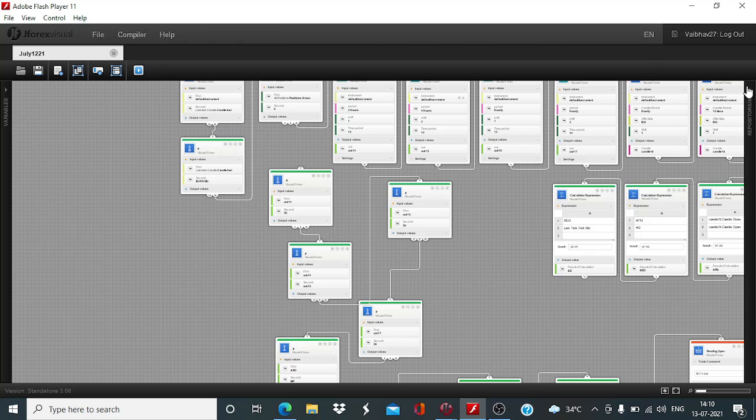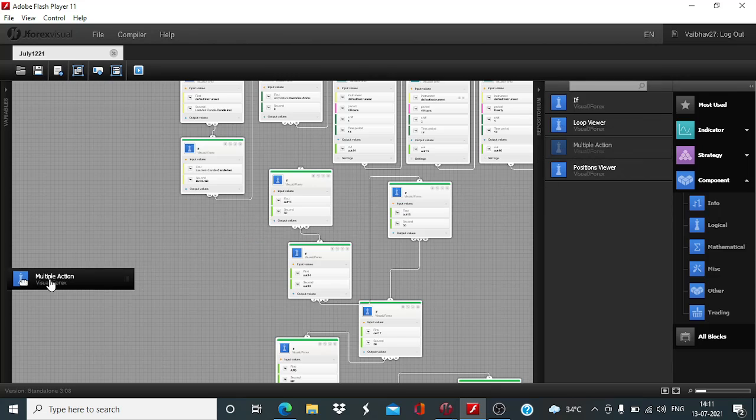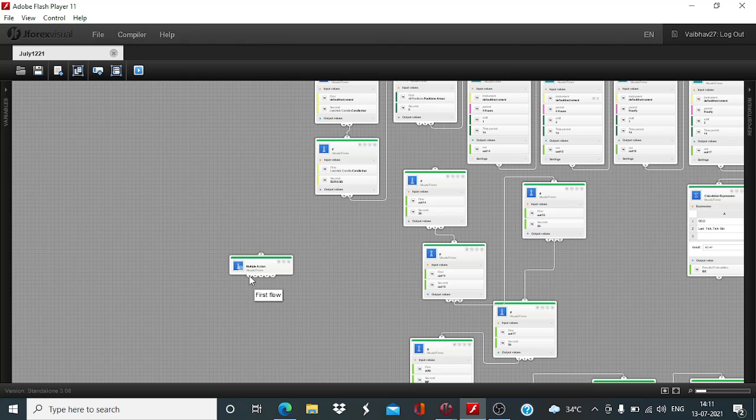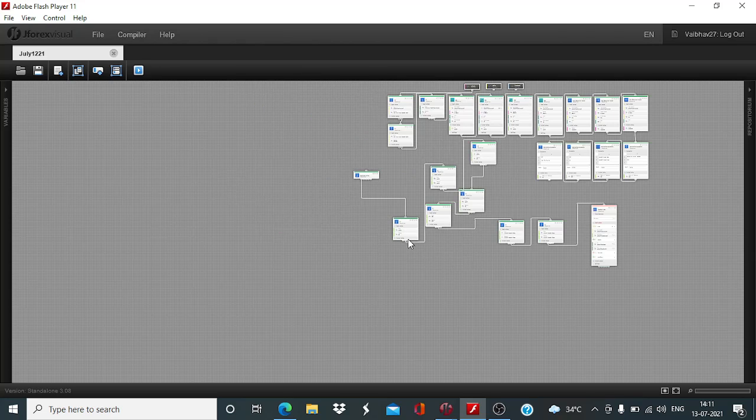I will take a multiple action block. We will arrange these blocks on the lower side.